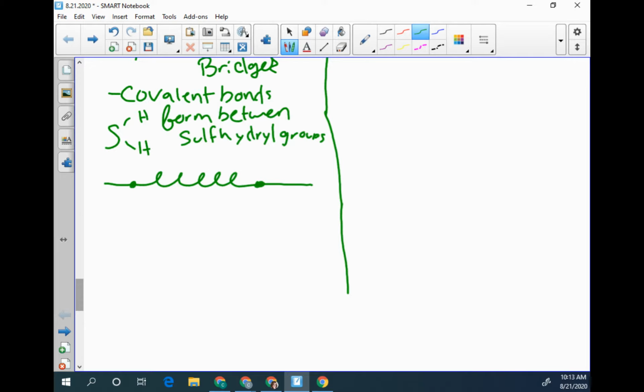A disulfide bridge will form, and then it'll kind of look like, so we've got that covalent bond right there. It'll kind of do that, or somehow in 3D space bend to make that happen. Any questions about tertiary structure?